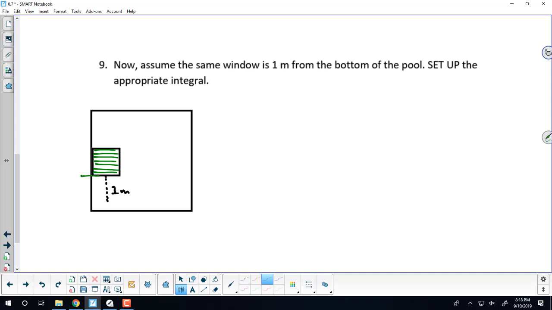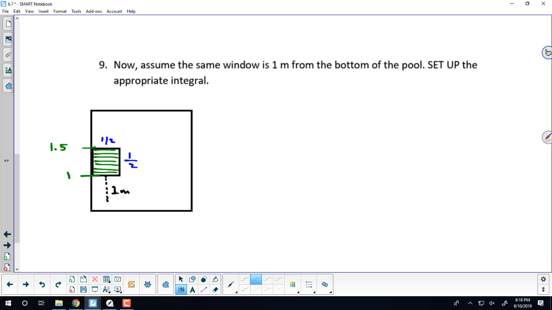Our lower limit of integration starts at 1 because it's 1 meter off the ground, and then still a square of 1/2. So our upper limit of integration is 3/2. So, right, just the bounds changed.